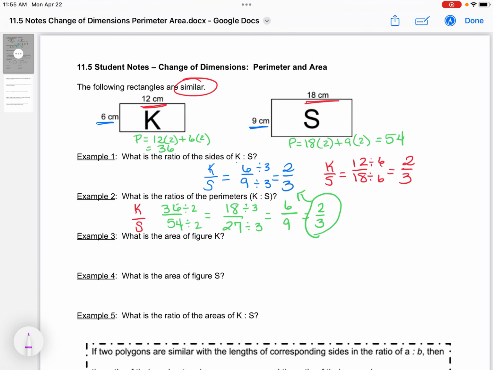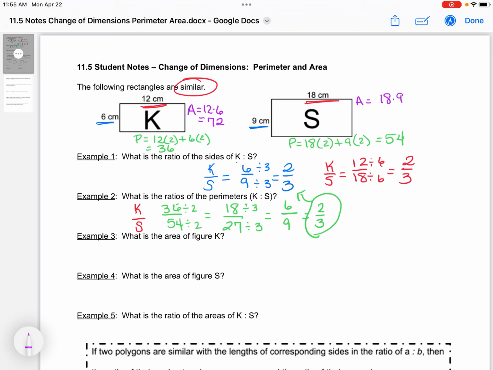Okay, now let's find the area. The area of K is going to be 12 times 6, which is 72. And the area of S is going to be 18 times 9, which, searching for my calculator, is 162.